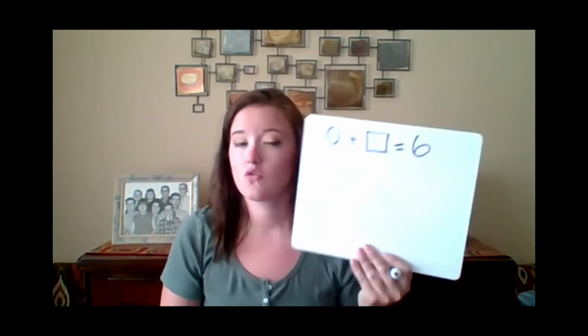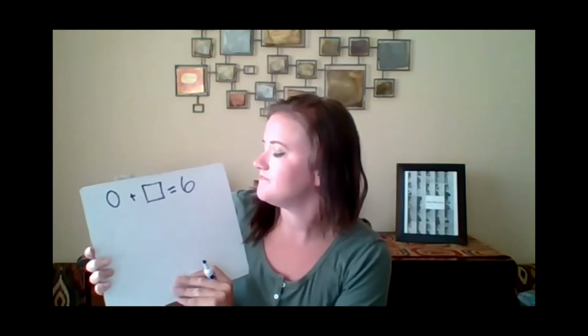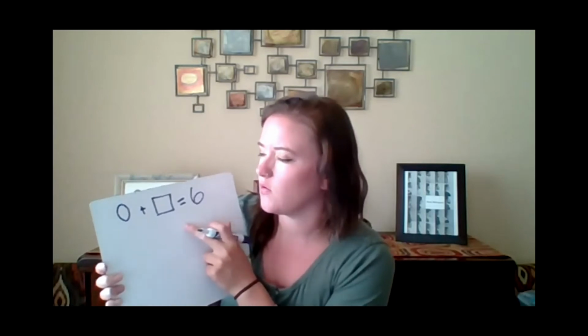So this one, here we go. 0 plus blank equals. What is our answer? We reused 2 strategies, but I want to see if our math fluency can take hold right here.